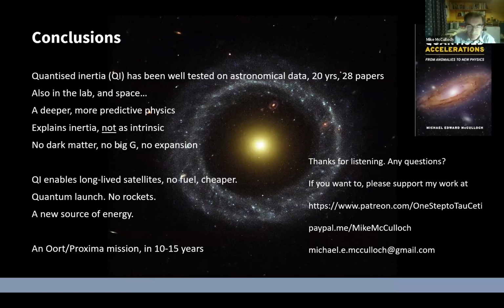Quantized inertia enables satellite station keeping without fuel. So that would be much cheaper, and satellites would be much longer lived, saving a lot of money that way. I think it can produce quantum launch, so rockets would be obsolete, and launches will be much cheaper, safer and quieter.